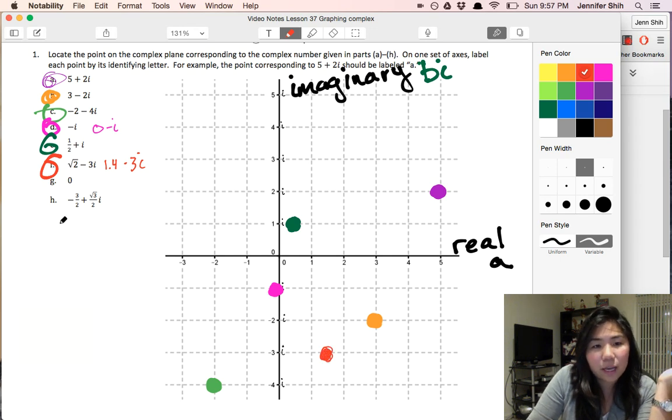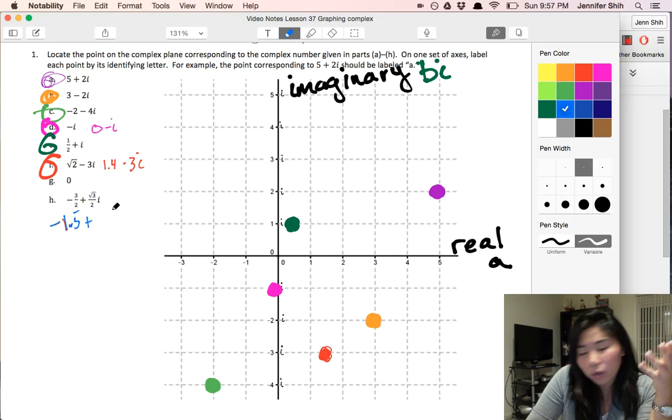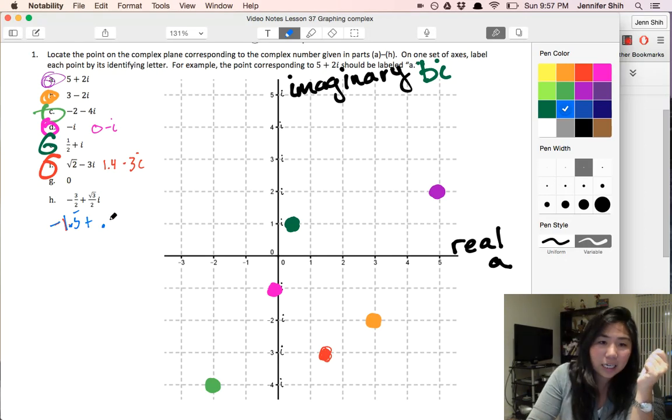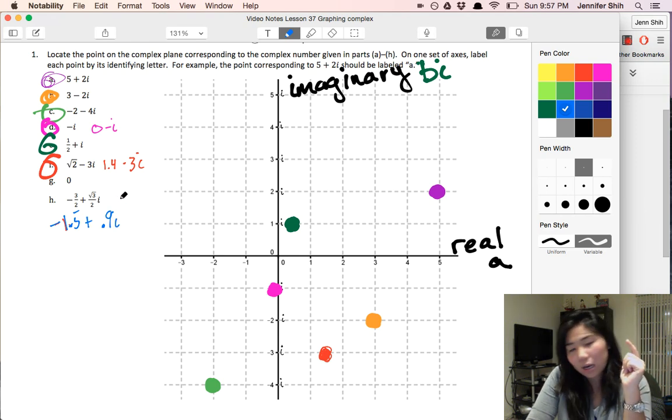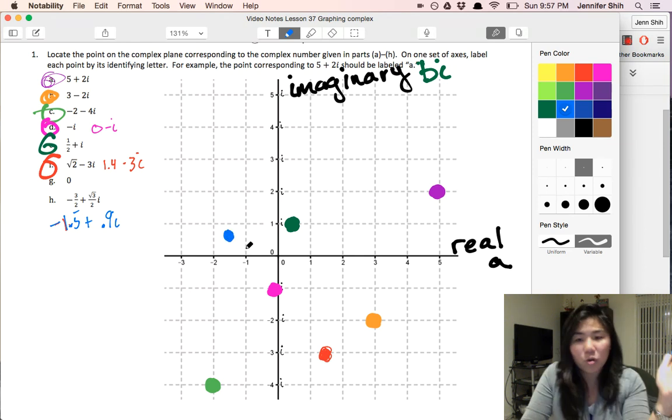All right, negative 3/2, about negative 1.5, and then plus root 3 over 2 works out to be, I think, around 0.9i. You can plug that into a calculator and find that out. So I'm going to go negative 1.5 and then about 0.9i. And it's okay that we have decimals and fractions because it also works on this type of complex plane.